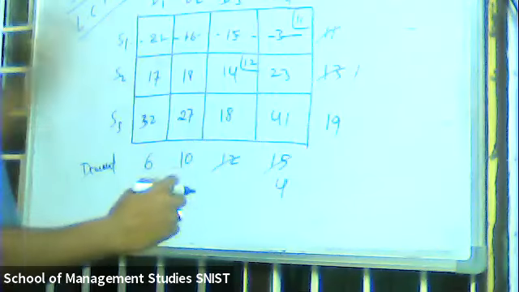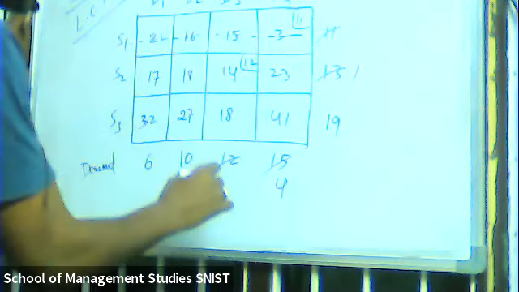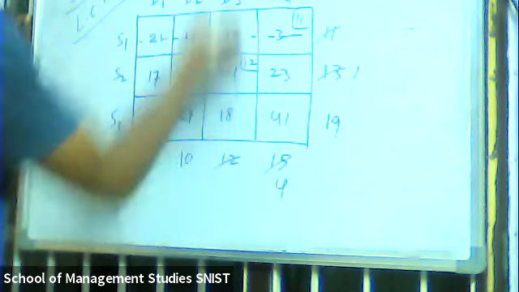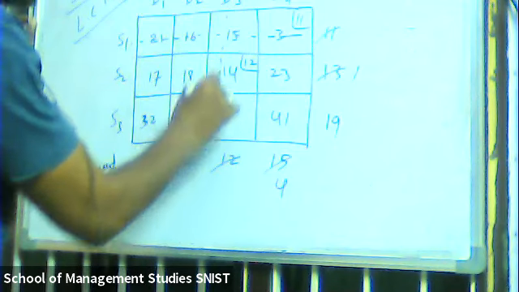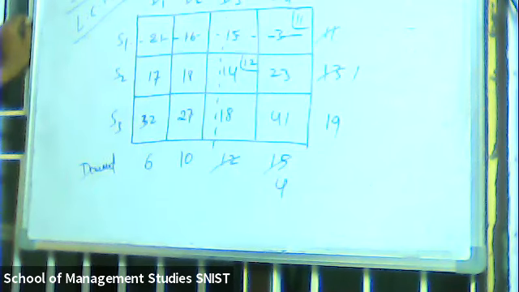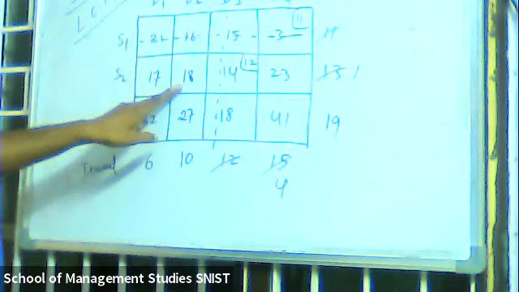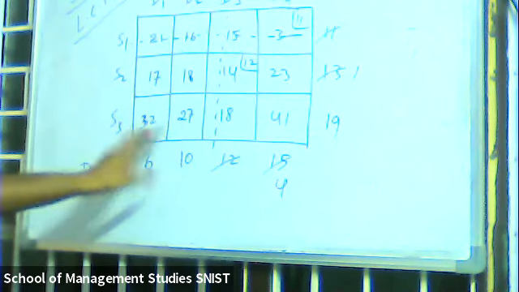Now I am going to cancel this one, because the demand of 12 under D3 is already satisfied, so no further entries are possible in X23 and X33.